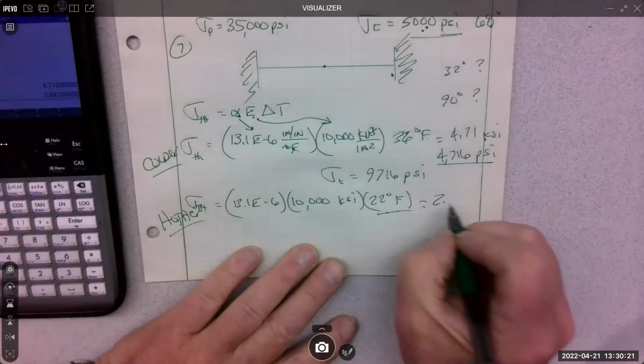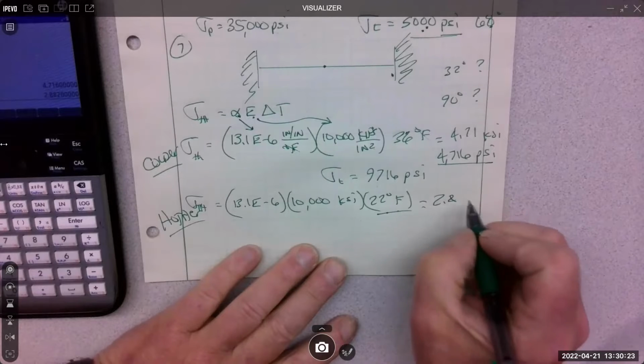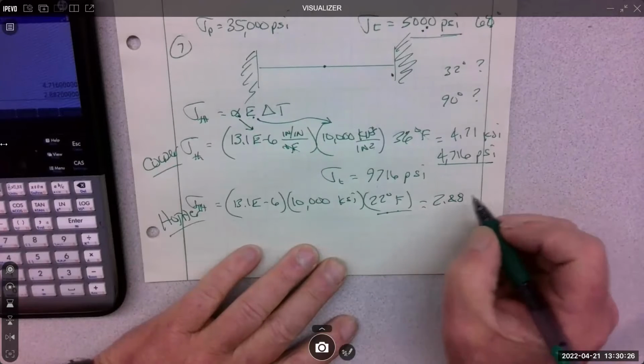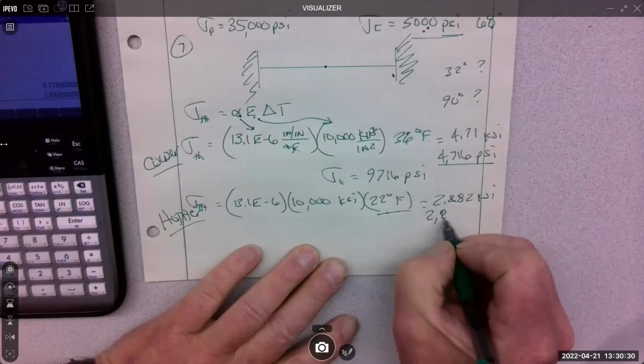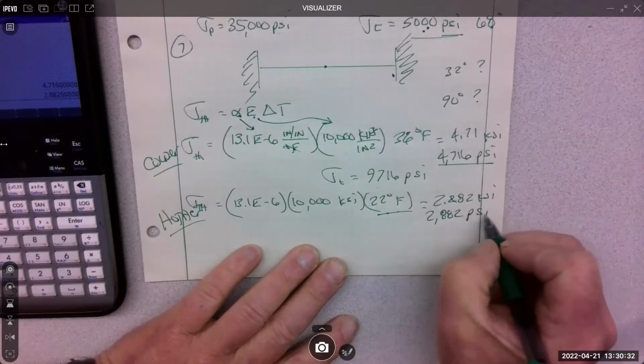So this one looks like it's 2.882 KSI, which is 2,882 PSI.